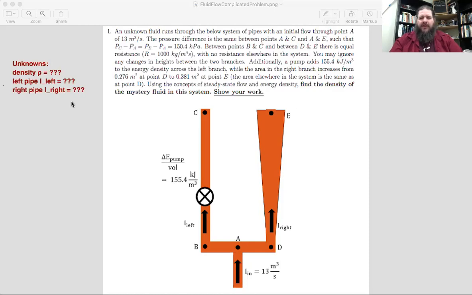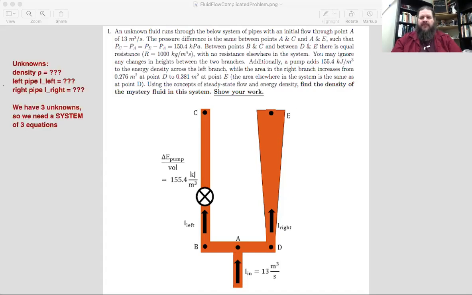But what do you need to know in order to solve for 3 unknown variables? 3 equations? Yeah, we have 3 unknowns, so we need a system of 3 equations.